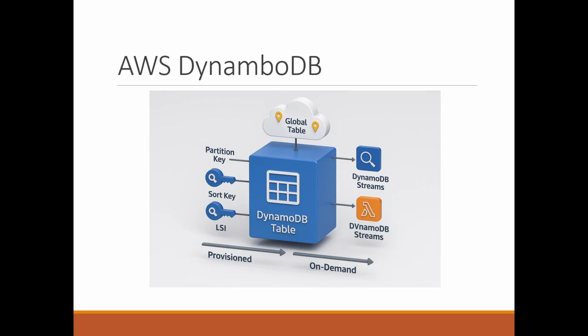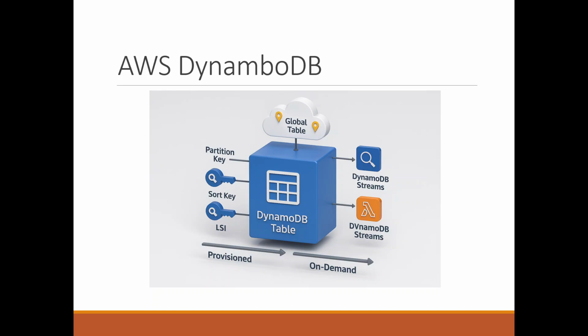Today we are diving into one of the most powerful and scalable databases in AWS called Amazon DynamoDB. If you ever worried about managing servers, handling millions of requests, scaling databases or managing uptime, DynamoDB solves all of that. It's a fully managed, serverless, auto-scaling NoSQL database.